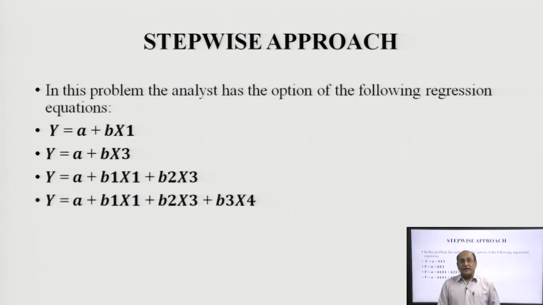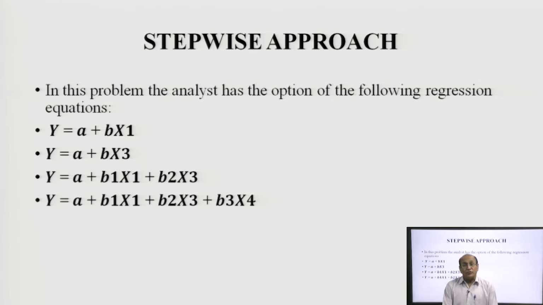We can see here y is equal to a plus b x1. Here the variable is only one, x1. Y is equal to a plus b into x3. Some other variables: y is equal to a plus b1 x1 plus b2 x3.